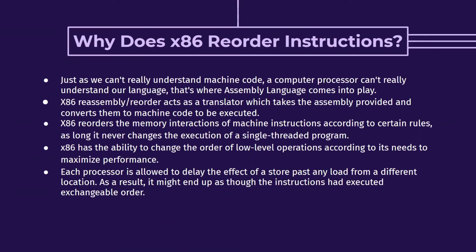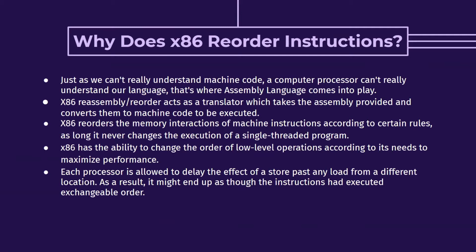Why does x86 reorder instructions? Just as we can't really understand machine code, the computer processor can't really understand our language. That's where assembly language comes into play. x86 acts as a translator, which takes the assembly provided and converts it to machine code to be executed. x86 reorders the memory interactions of machine instructions according to certain rules, as long as it never changes the execution of a single-threaded program. x86 has the ability to change the order of low-level operations according to its needs to maximize performance.